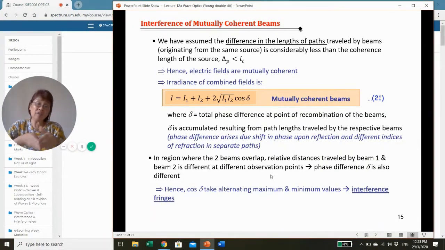Because of this change in phase difference at different positions, cosine delta will take alternating maximum and minimum values. And that is what gives rise to the interference fringes. In other words, you have a bright region, dark, bright region.